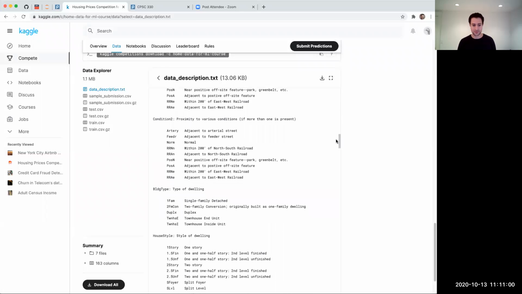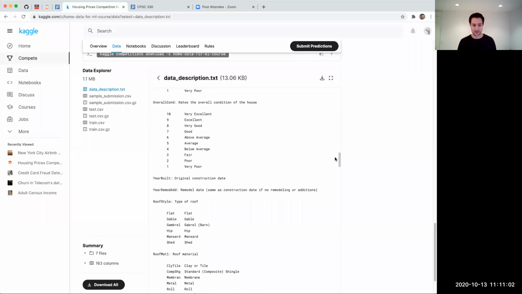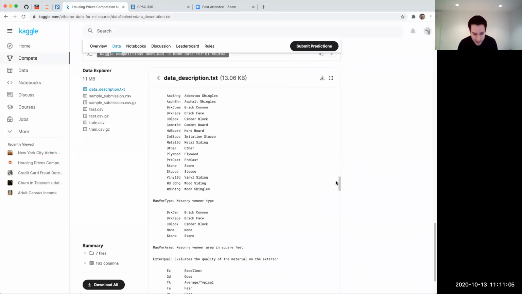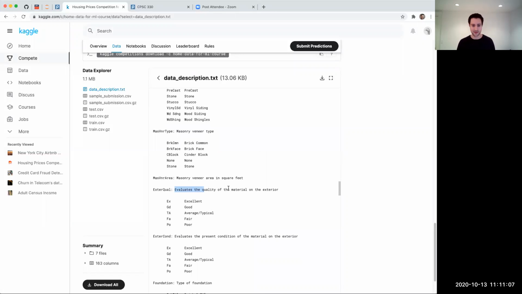features. And of particular interest are ones like this. So exterior quality. Remember, Python is just going to pick this up as a categorical variable because there are these 5 values here. But we actually know from talking the week before last about ordinal variables.